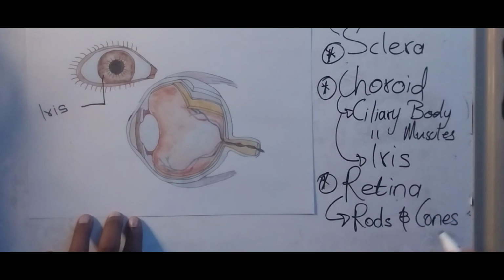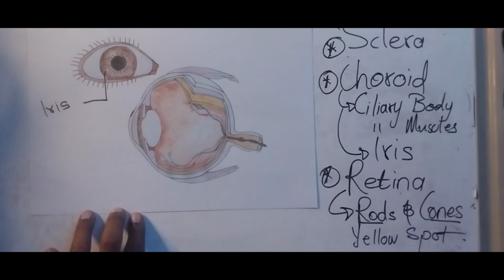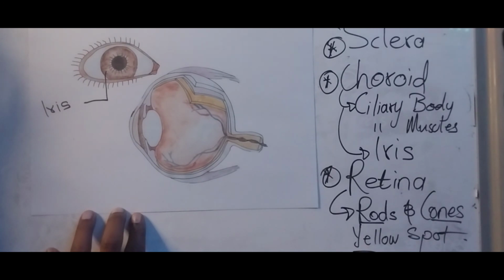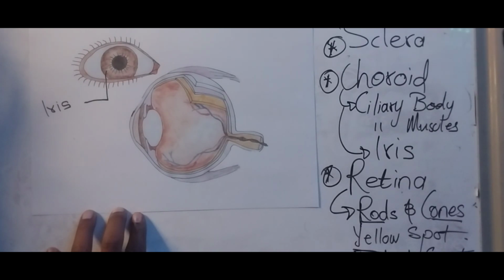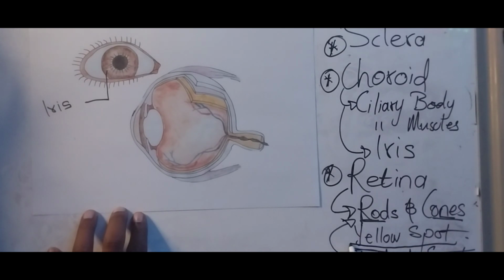The rods and the cones are highly concentrated on the yellow spot. They are not in the blind spot. You will never find rods and cones on the blind spot.